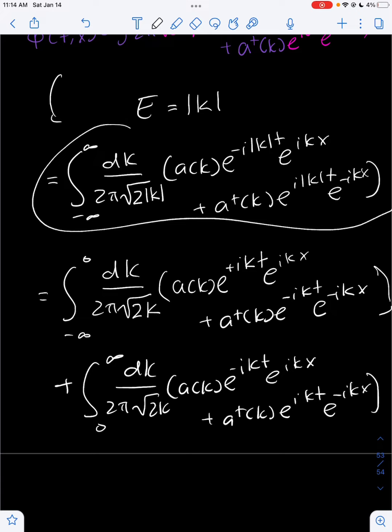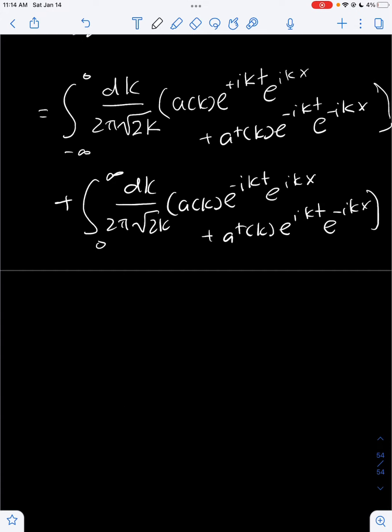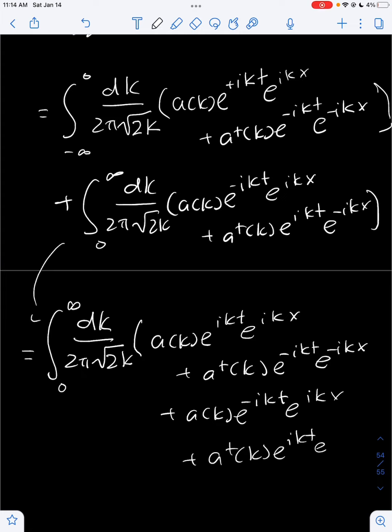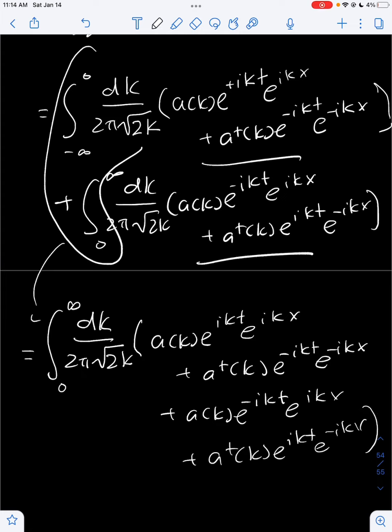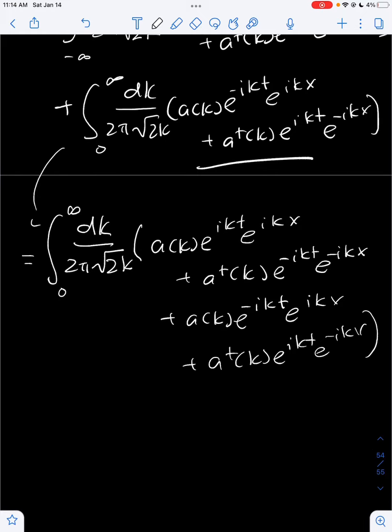So what we can do now, this part I'm not really so sure on why we can do it. We can say this is equal to the integral from 0 to infinity. What we're doing here is combining these under one integral, where the integral is running from only positive values for k.